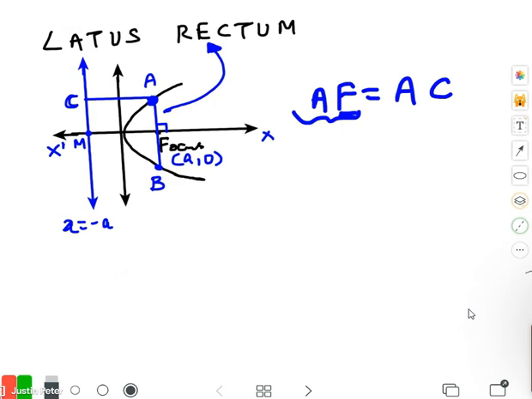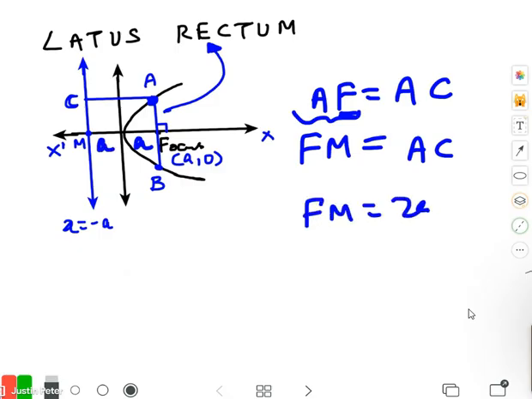Yes, sir. Okay. Now what is AC equal to, and what is FM? AC is equal to FM, isn't it? Which is equal to 2A. So FM is equal to 2A. So your AC is equal to 2A as well.